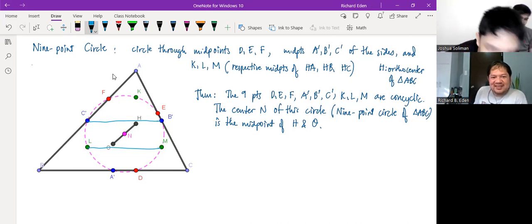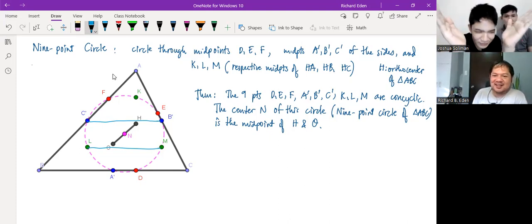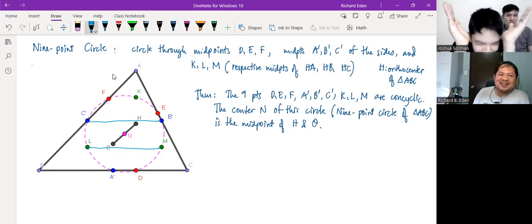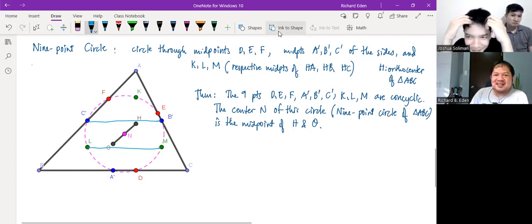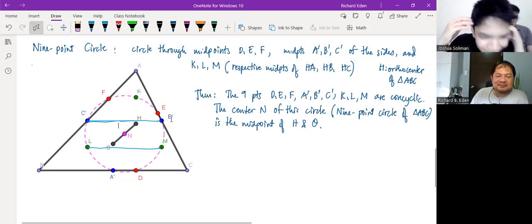Kasi po yung color kasi medyo naano po yung psychology. Okay, sure. It looks like B prime, C prime is a little bit bigger. Sige nga, gamit tayo ng ito.